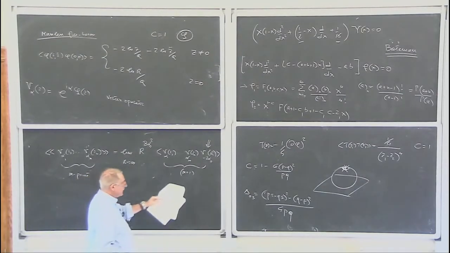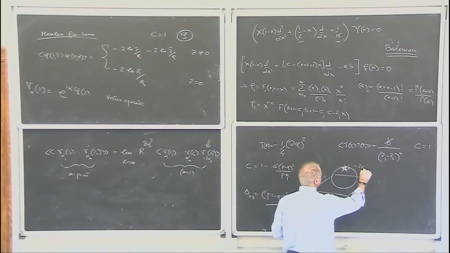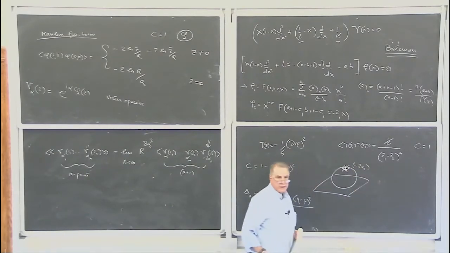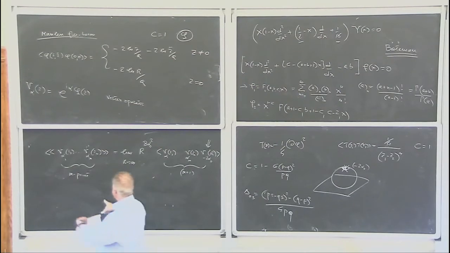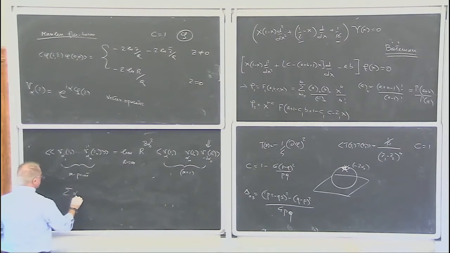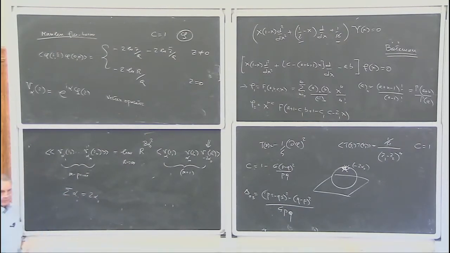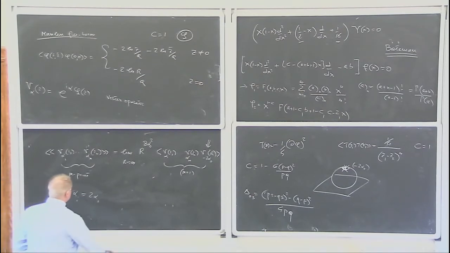So I'm hiding here an extra charge, minus 2 alpha 0, at 0. You don't see it any longer. But in order for this correlation function to be different from 0, the sum of the charges now has to be 2 alpha 0. And now let's go to the 2-point function.